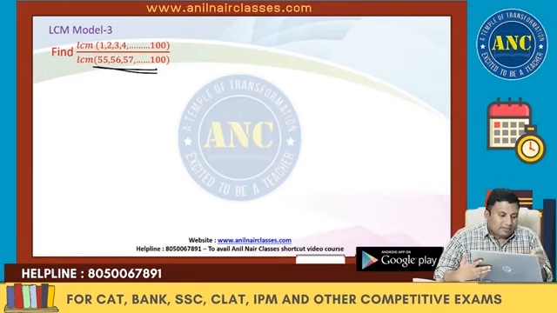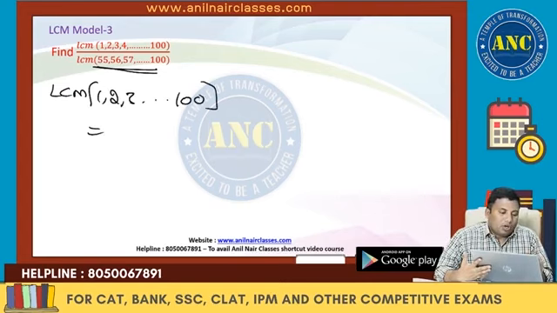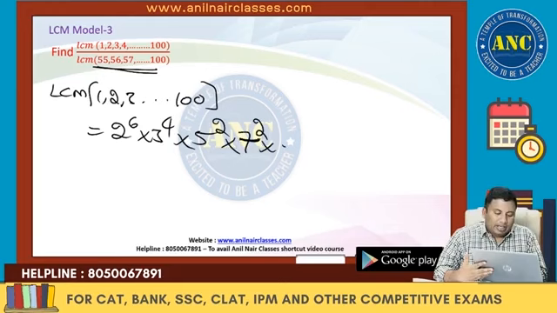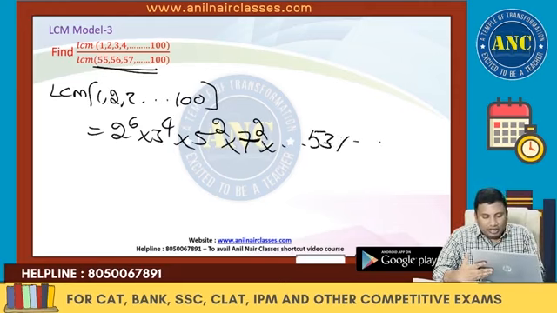Write the answer. LCM of 1, 2, 3 till 100: 2 power 6, 64, 3 power 4, 5 square, 25, 7 square, 49, and so on up to 53.